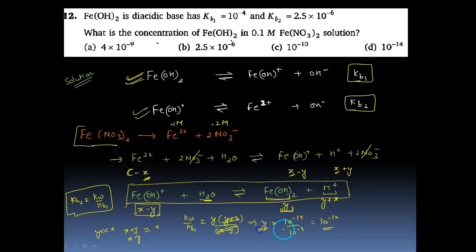So what we get is Y, that is 10^-10 as per the data given. And this is what we had to find because Y is nothing but the concentration of ferrous hydroxide which is present. Hence for this question the answer is C.